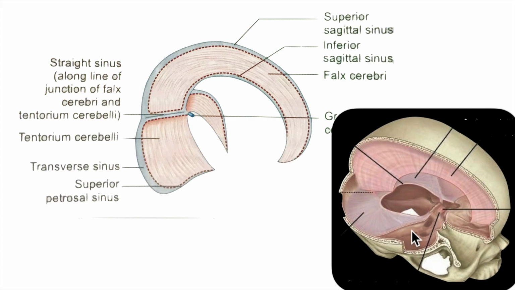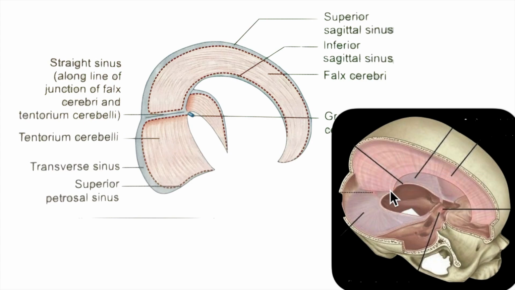Because during head movement the brain inside also shakes. When it shakes, the meningeal veins in the dural area are thin walled, so due to the shaking these veins may rupture. To prevent that rupture and hemorrhage, the folds keep the brain in position. For that purpose the dural folds are formed.